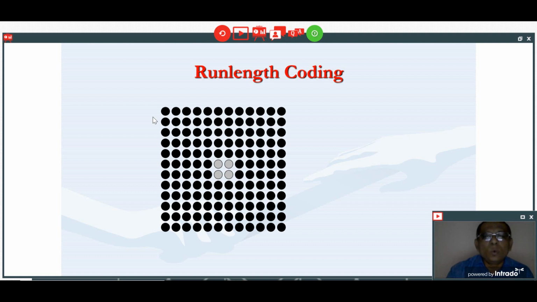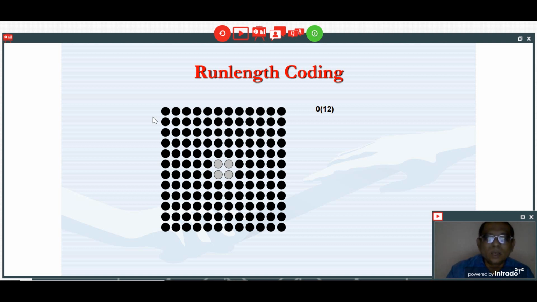If I am allotting one bit to represent one dot, then we are in need of 12 into 12, that means 144 bits to represent this image. Now how to minimize these 144 bits? That idea is run length coding.